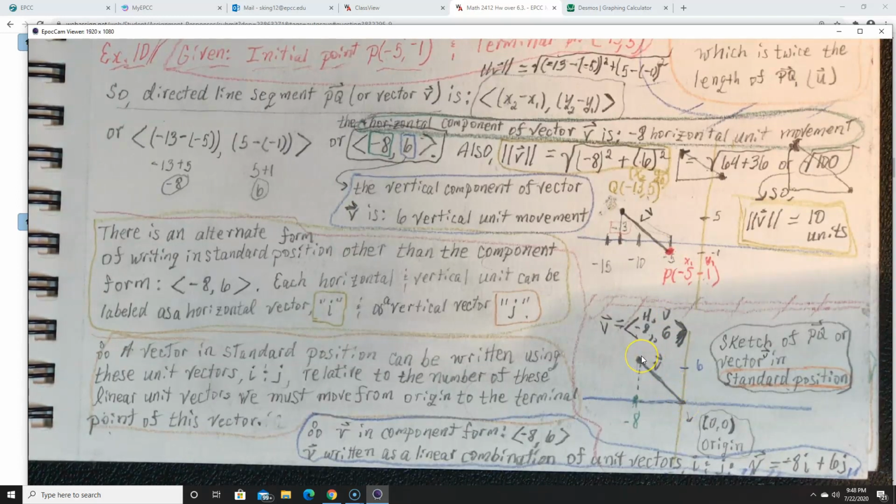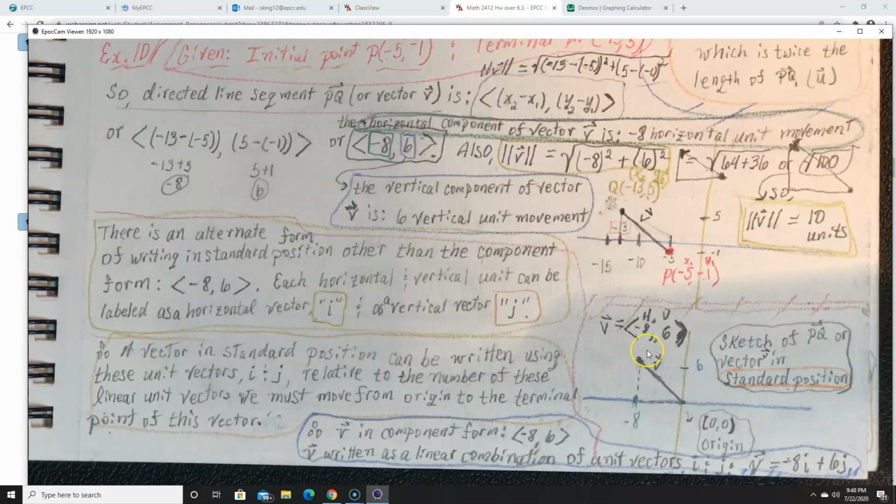The terminal point is such a place that does not change the direction of where it came from. And the direction of where it came from was to move from the initial point horizontally 8 units to the left, -8 horizontal units and 6 vertical units. So then that's what you write. That's component form. The horizontal component and the vertical component.